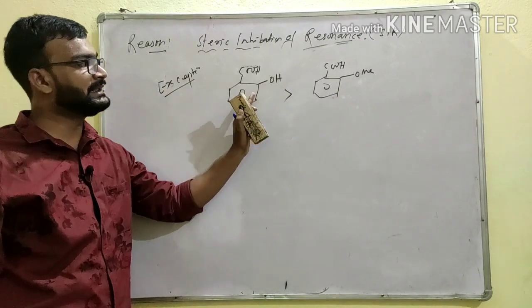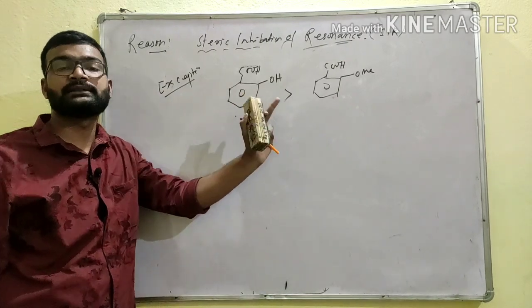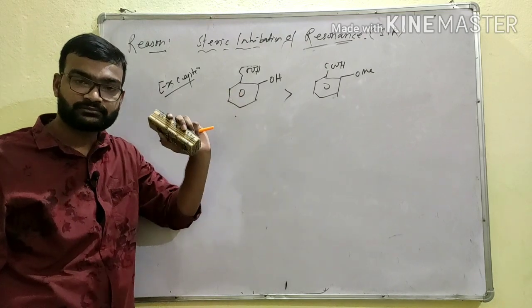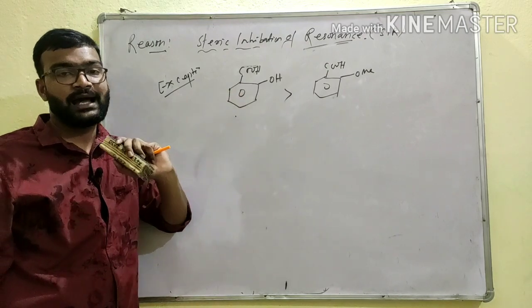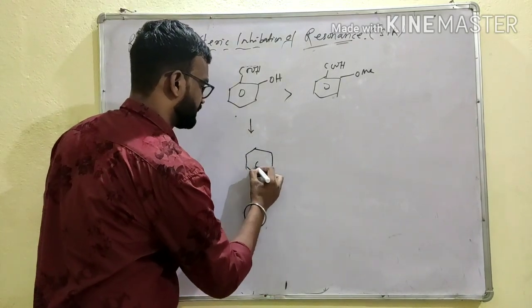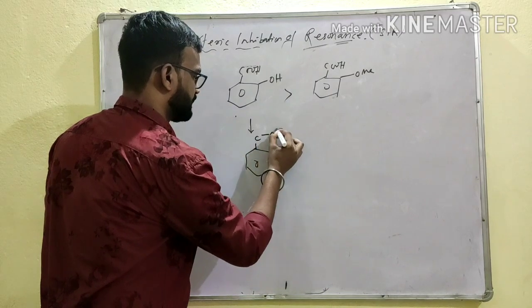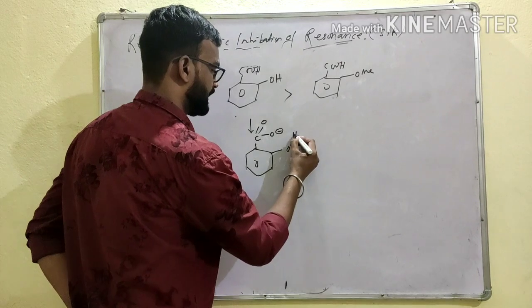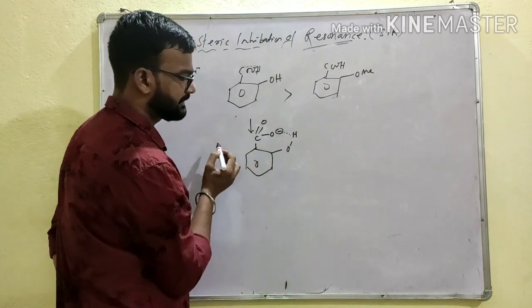Why? Because in this case the intermediate, that is our conjugate base, is stabilized by hydrogen bonding. How? This is our benzoate ion, and there is a hydrogen bonding like this.